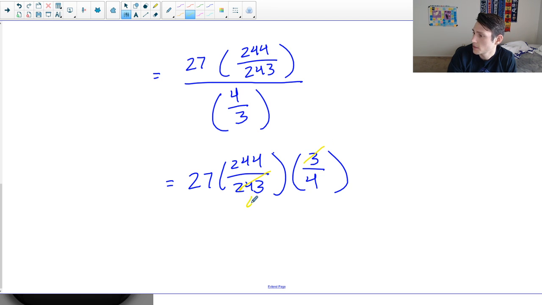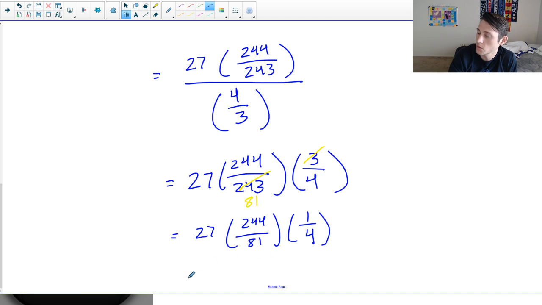Three and 243, so that would leave me with 81 right there in the denominator. That 3 just becomes a 1, so 1/4.